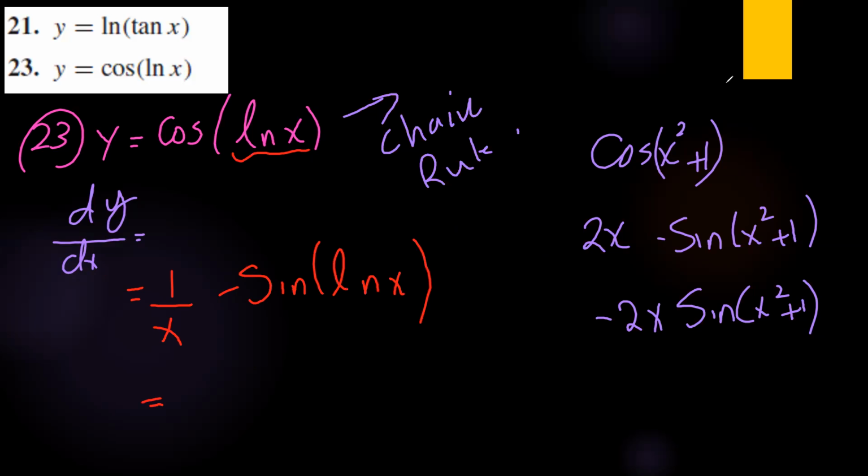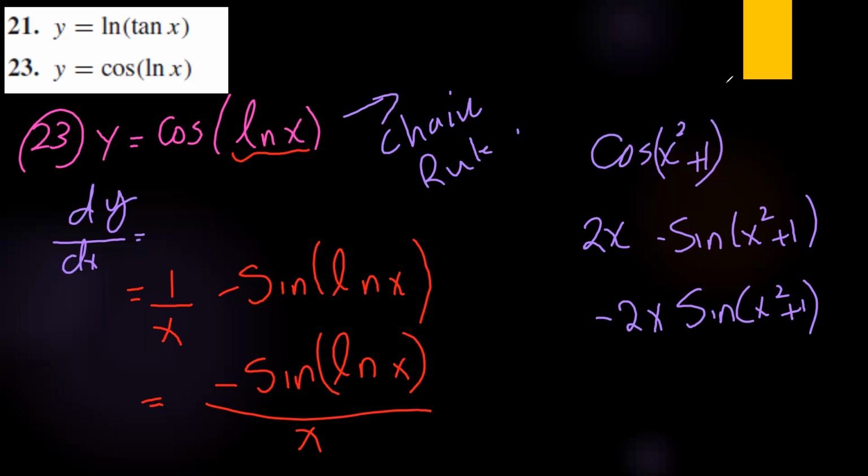So I get the answer as negative sine ln x over x. Is it clear? Yes, teacher. Let's solve now.